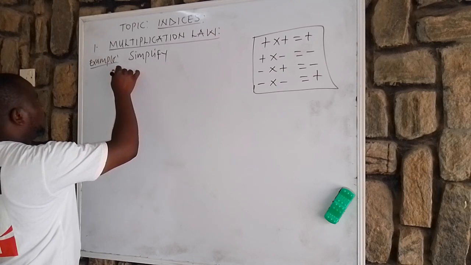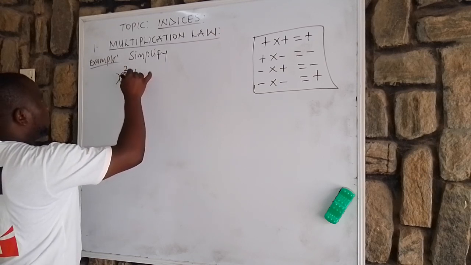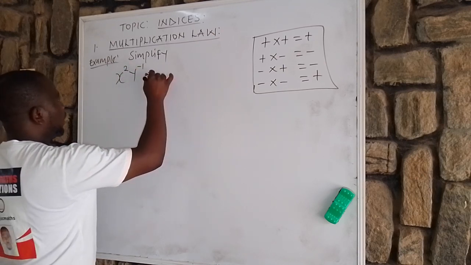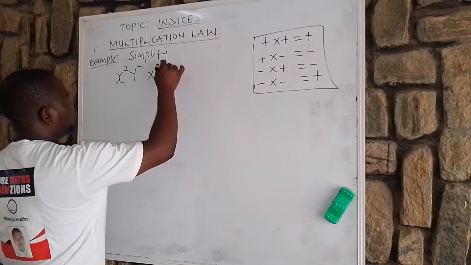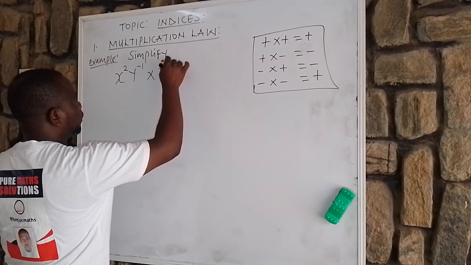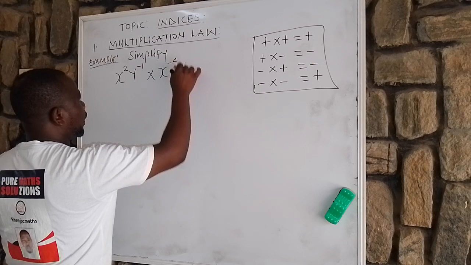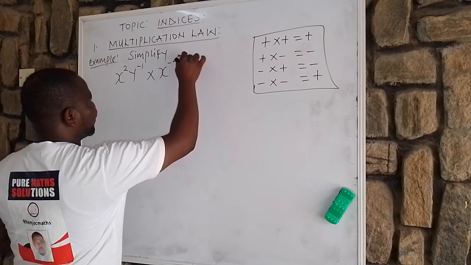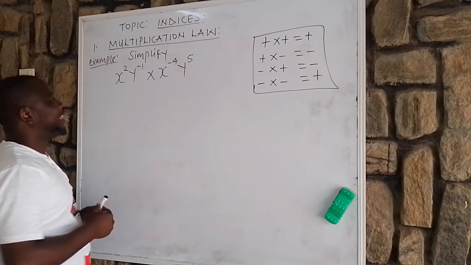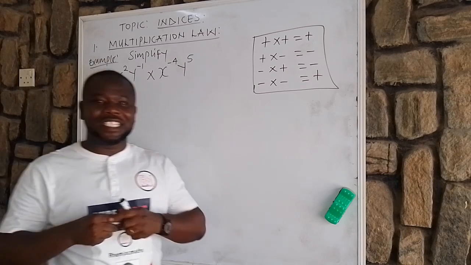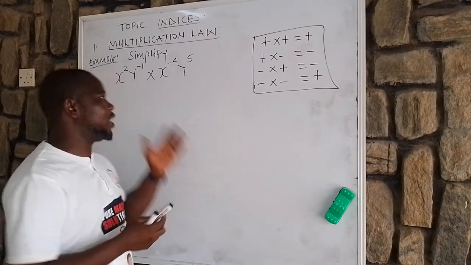x raised to power 2 y raised to minus 1 times x raised to power minus 4, y raised to the power of 5. I know you have been waiting to ask this question.